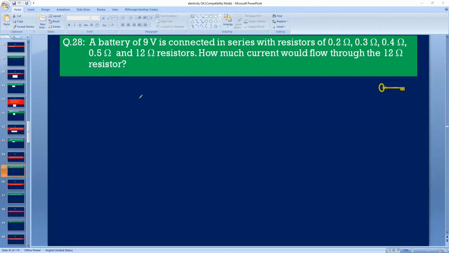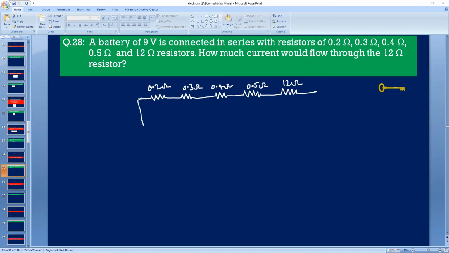We need to connect all the resistors which are in series. 0.2 ohms, 0.3 ohms, 0.4 ohms, 0.5 ohms, and 12 ohms are the 5 resistors. We have connected to 9 volts of the battery. Now total current is the same. Across 12 ohms or across 0.5 ohms or across any other resistor also, current value will be the same.